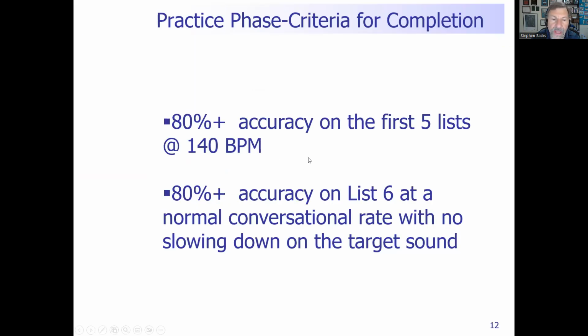We're looking for 80% accuracy on the first 5 lists at 140 beats per minute with the use of a metronome. And from that point forward, we don't use the metronome, but what we're listening for is basically a slow to normal conversational rate that sounds pretty natural.